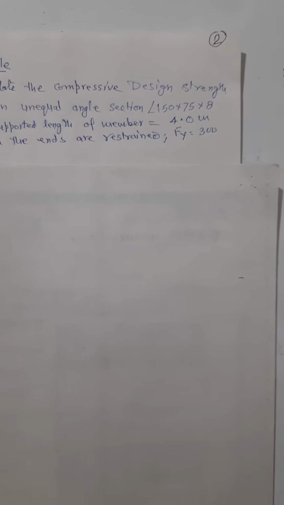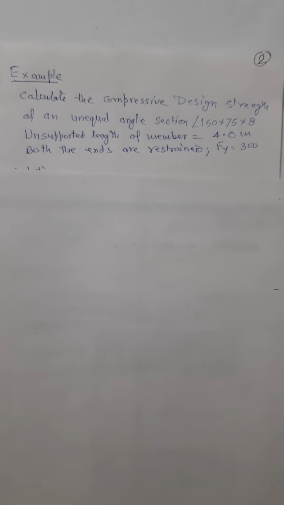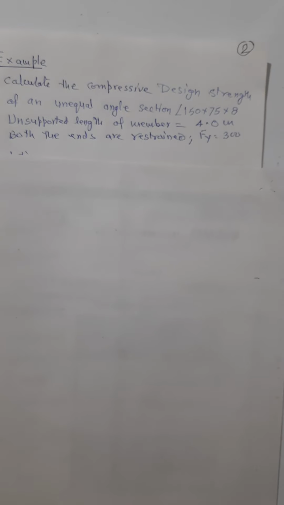Once you can find out these values, that is area of the cross section in mm square, rxx and ryy in mm, it might be given in centimeter, but you have to convert it into mm.